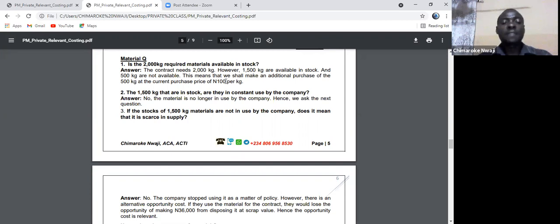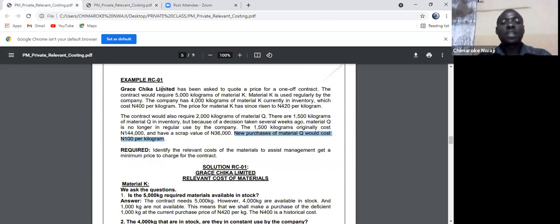The 1,500 kg that are in stock, are they in constant use by the company? Let's see how the narrative answers that. It says that because of a decision taken several weeks ago, material Q is no longer in regular use by the company. So it's not in regular use.